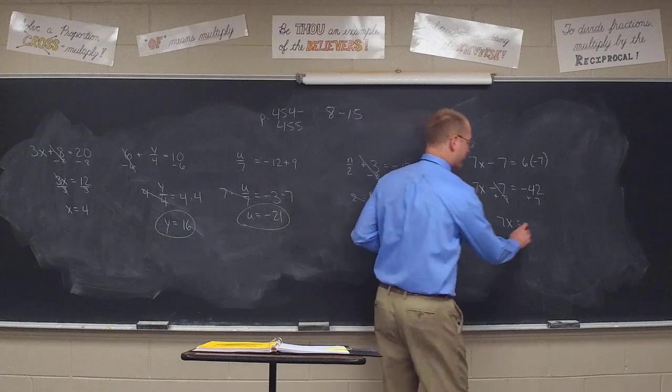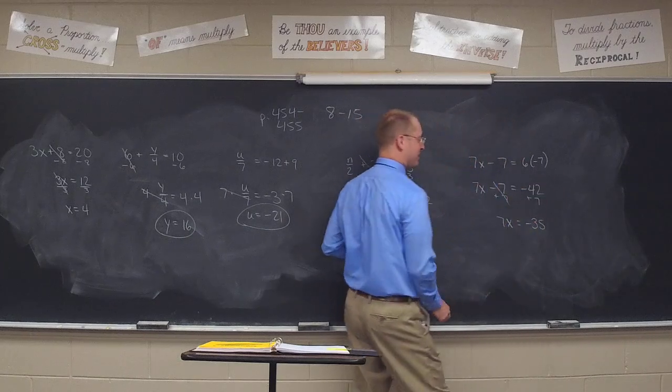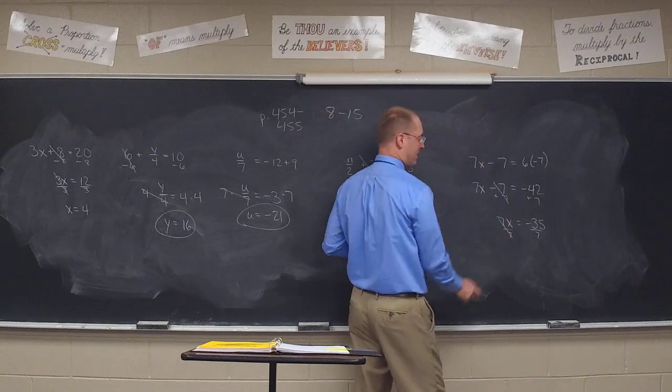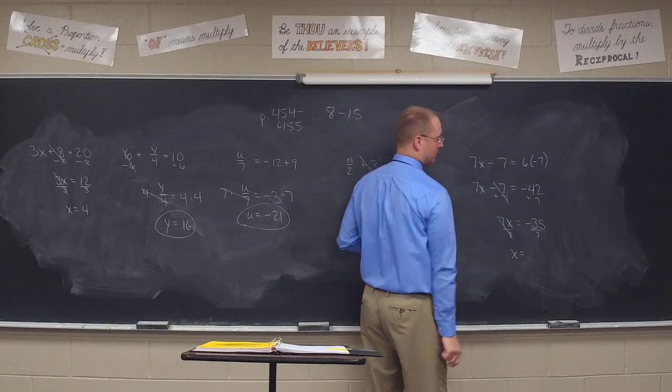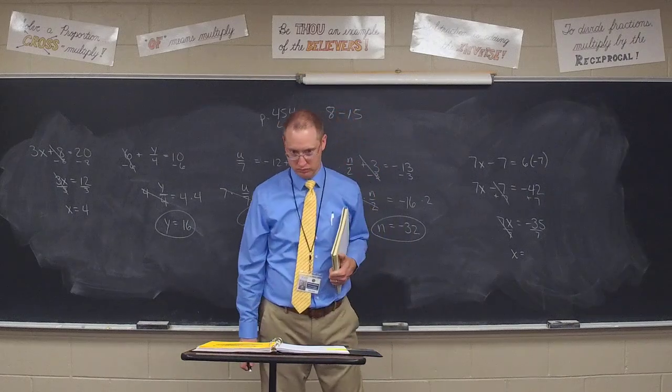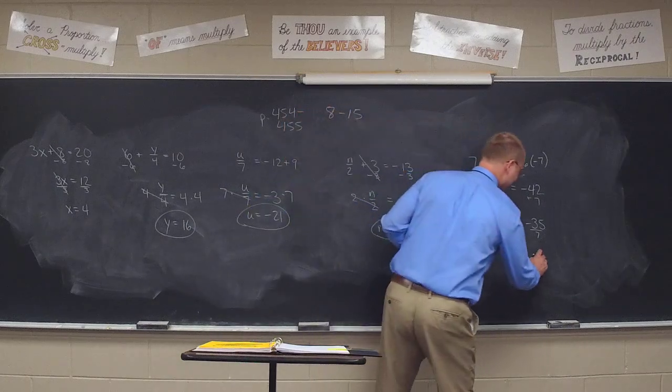There we go, -35. Be so careful with those negatives. And then? Divide by 7 to get x equals -5. -5 is our answer there.